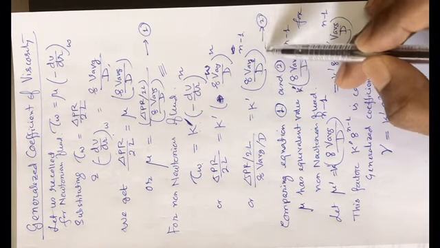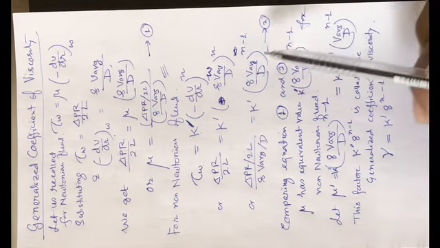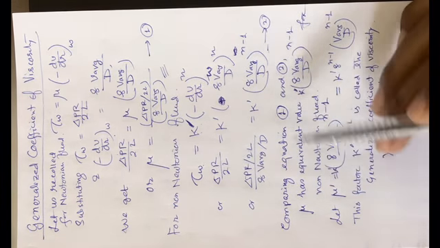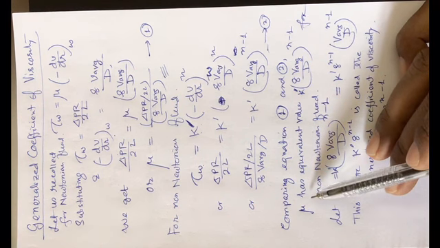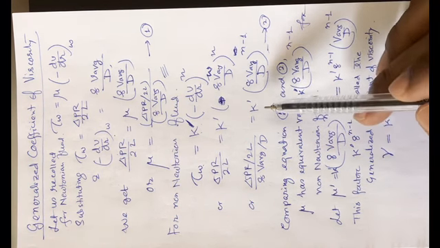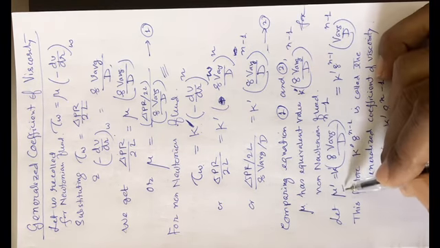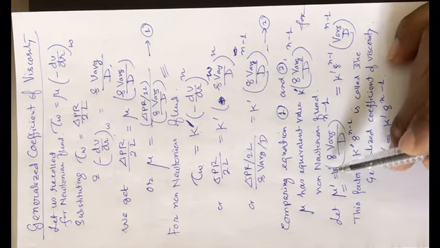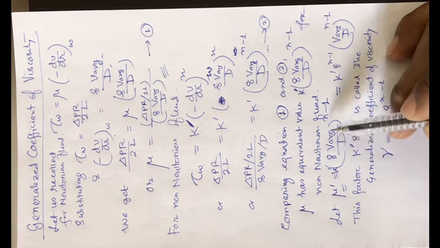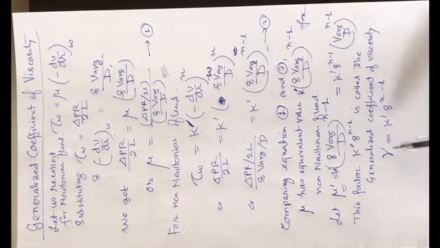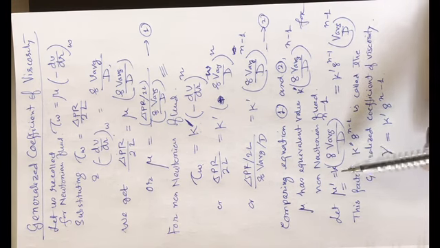If you compare this equation 1 and this equation 2, you will see that there is a term in non-Newtonian fluid flow equivalent to mu. Let us call it mu prime. Mu prime is equal to k prime into (8 V average by d) to the power n minus 1. So this is the equivalent of mu.